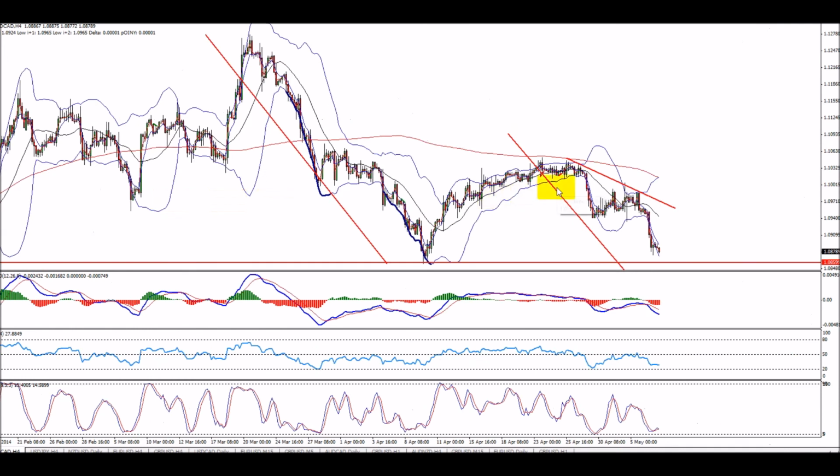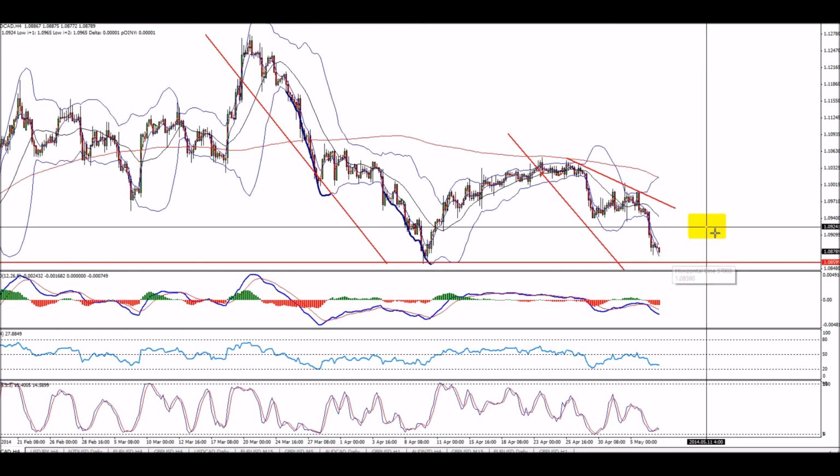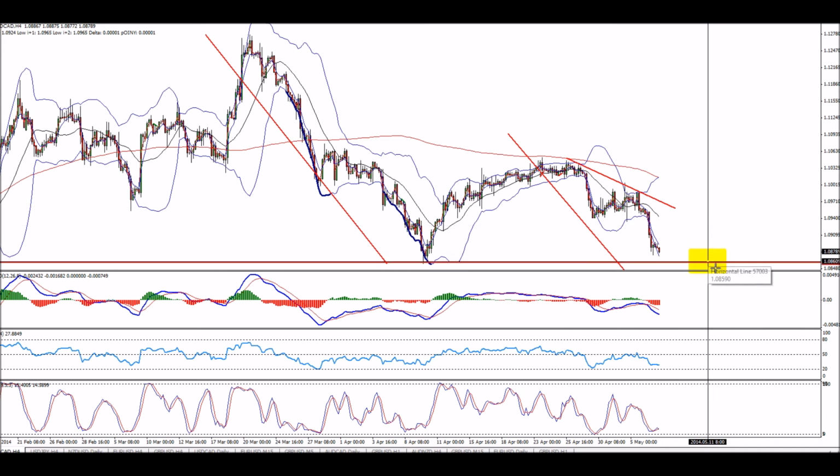Okay, but I think it will try to bounce, and I would put the percentage at around 80% for a pullback from here with two patterns rather than a continuation.